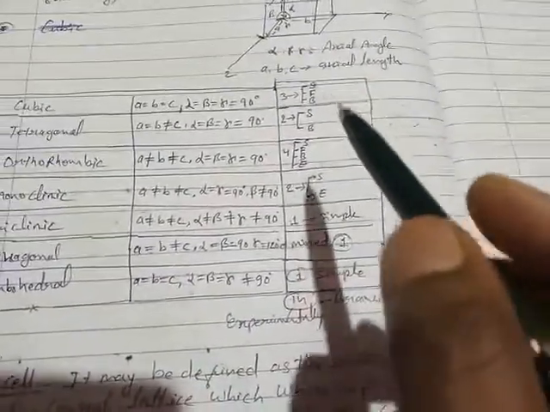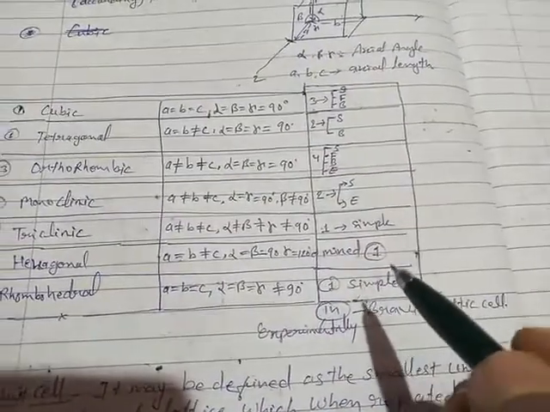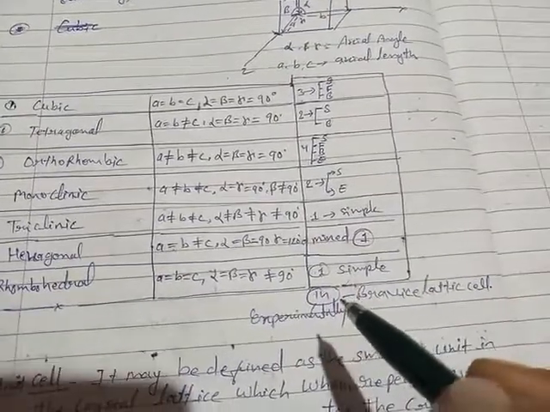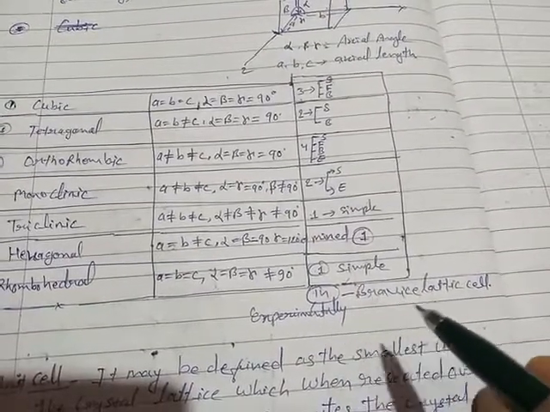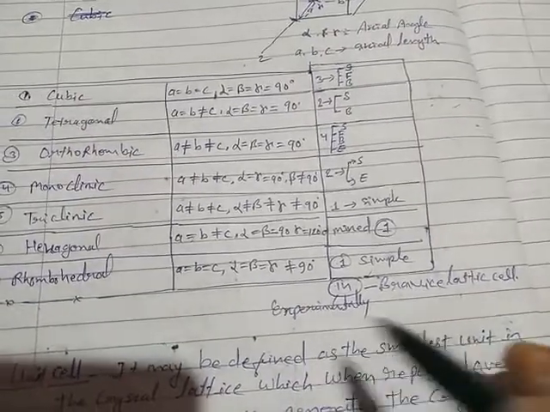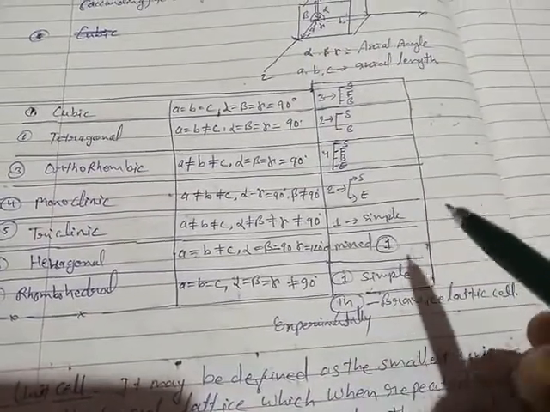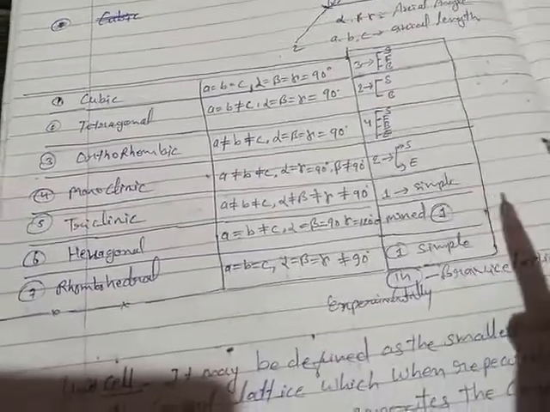So in this way we can say that a total of 14 types of Bravais lattice we require experimentally, and theoretically we require 28 types.